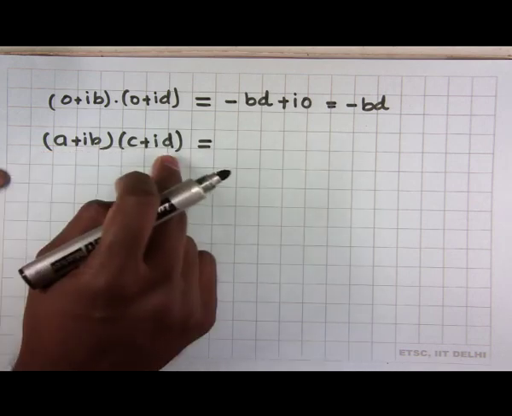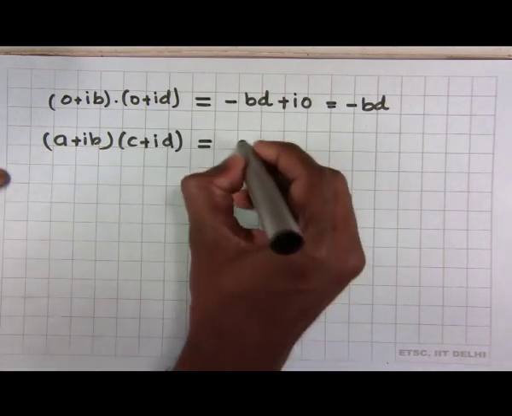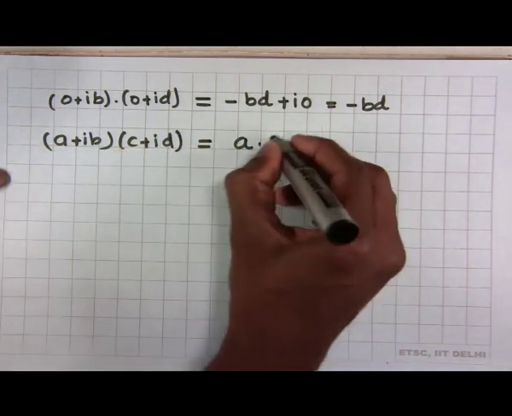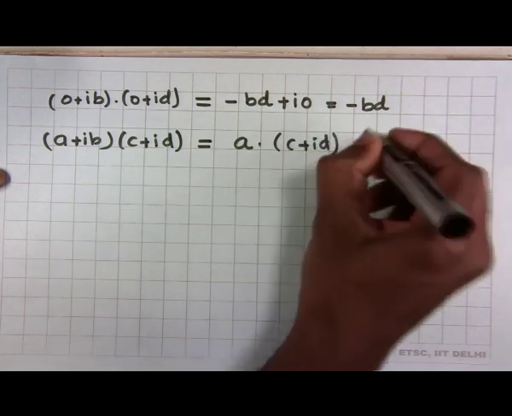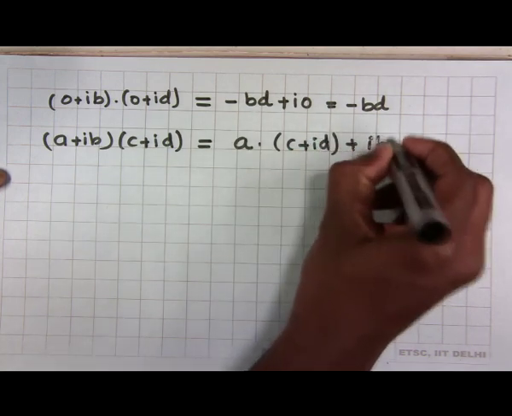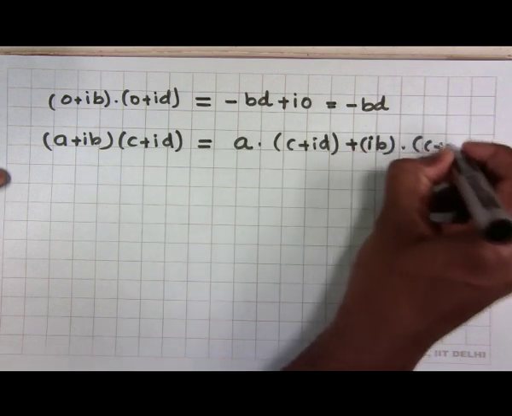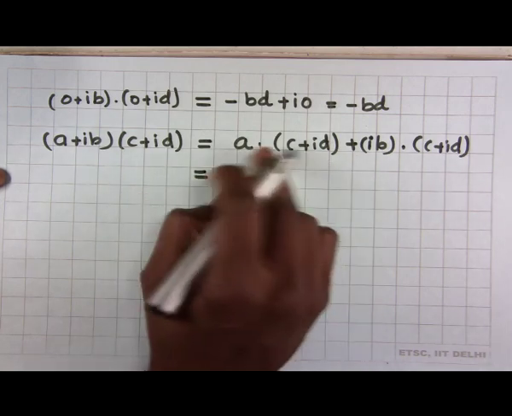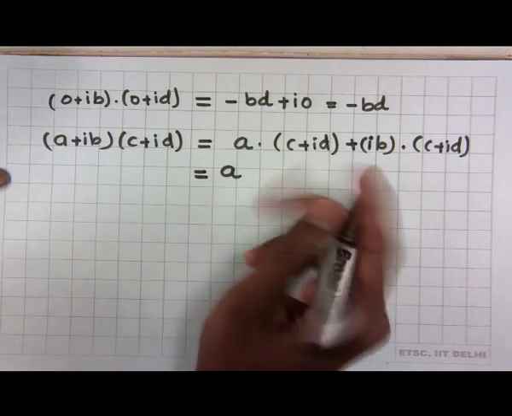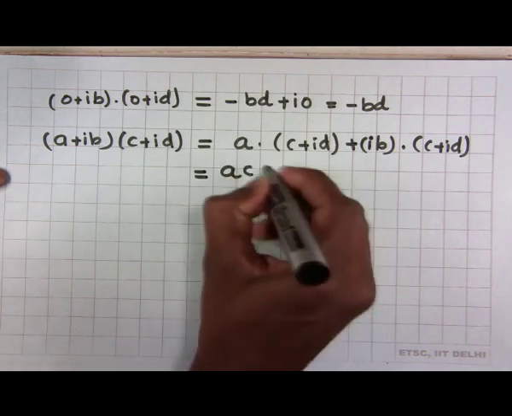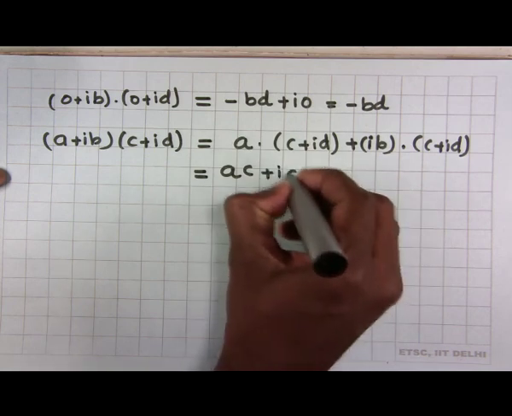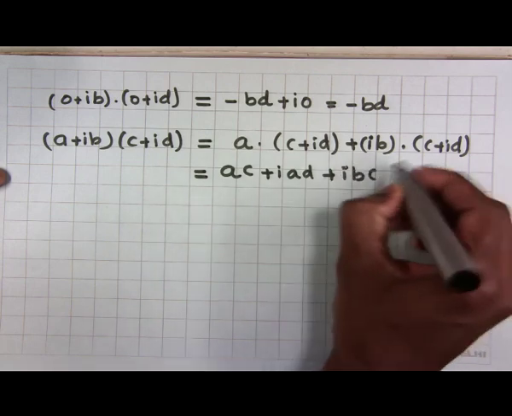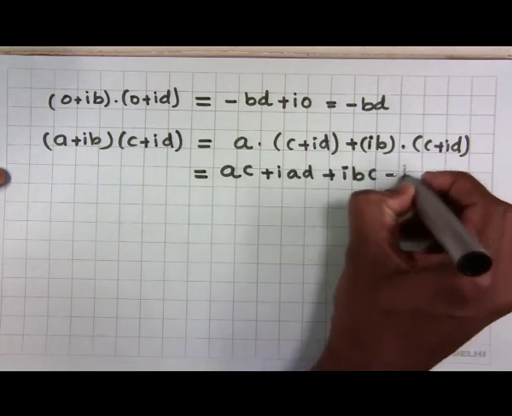Now for this product you use the distributive law, that is a times (c plus i d) plus i b times (c plus i d). Applying the distributive law one more time, this is ac plus i ad plus i bc minus bd.